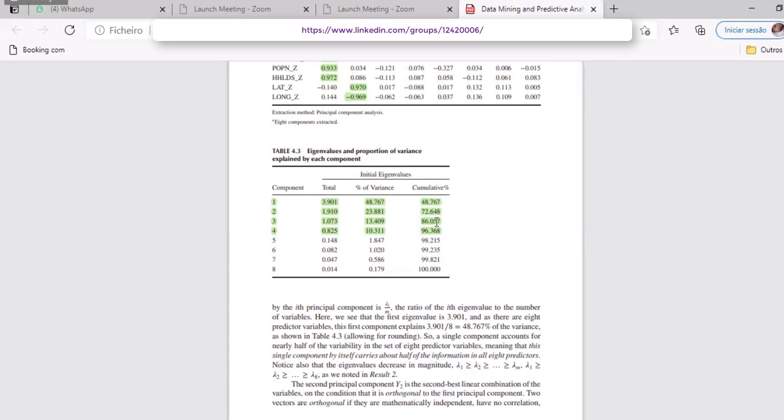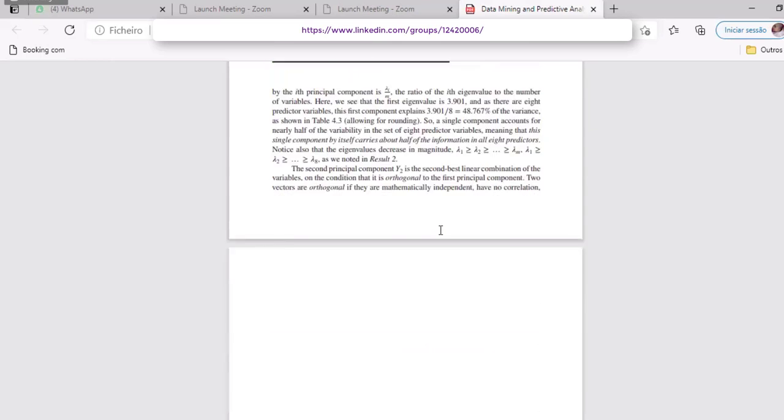For example, if you want to explain 85%, we will cut off here at number 3, and we will leave number 4 out. But if we want to cut off at a proportion of 95%, we need to include component number 4. So with this criterion, keeping or leaving component number 4 depends on the value of variability that you choose, a higher or lower variability.